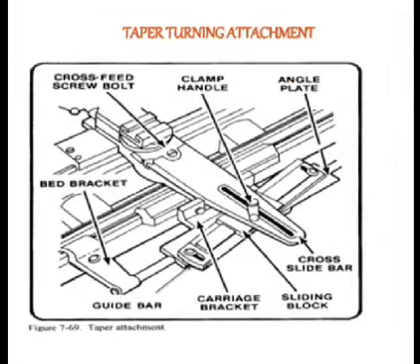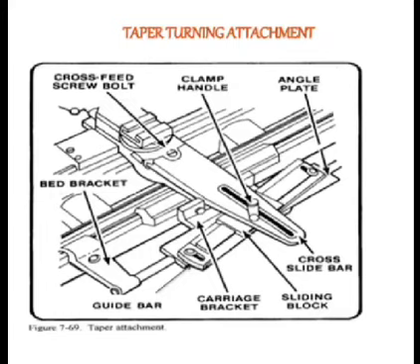The next one is taper turning by taper turning attachment. In this method, the tool is guided in a straight path set at an angle to the axis of rotation of the workpiece, while the workpiece is being revolved between centers or by a chuck aligned to the lathe axis.